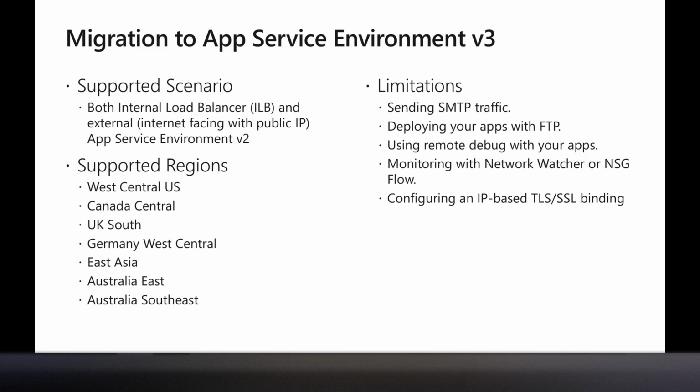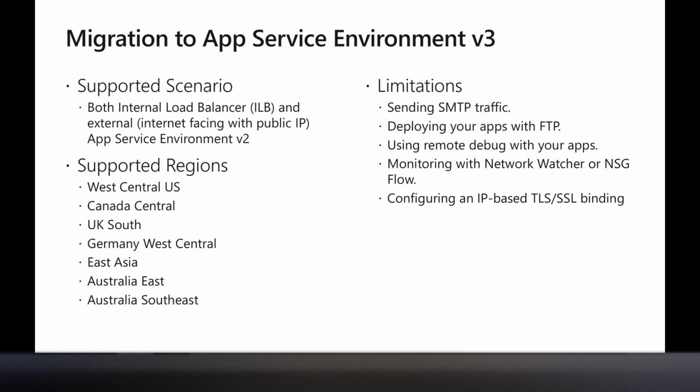So one of the big customer asks was that customers have made significant investments in App Service Environment V2, and they wanted a way to move forward without manually moving their apps.